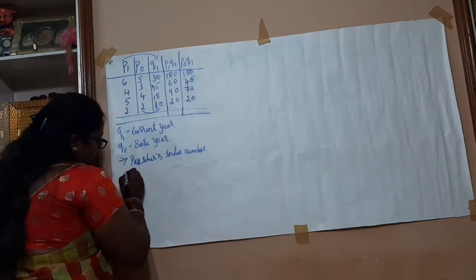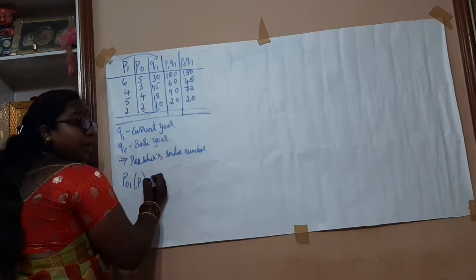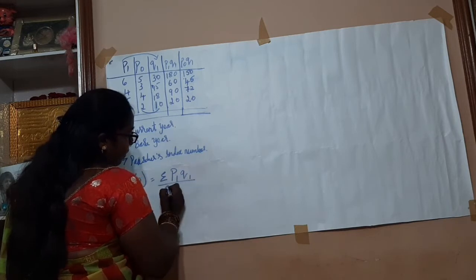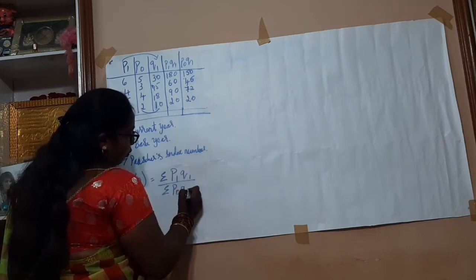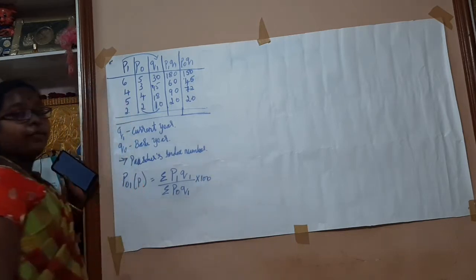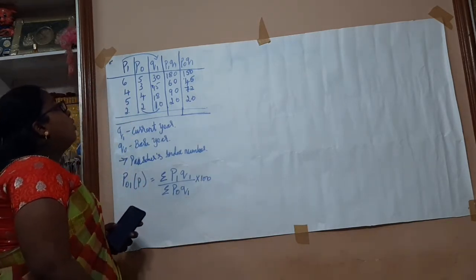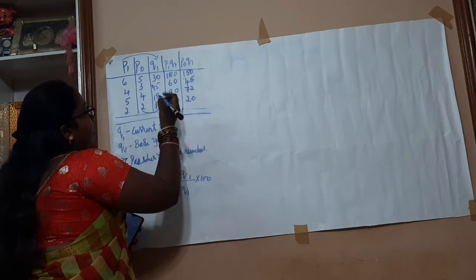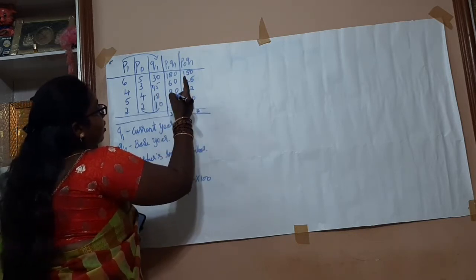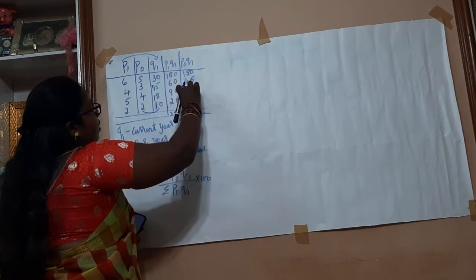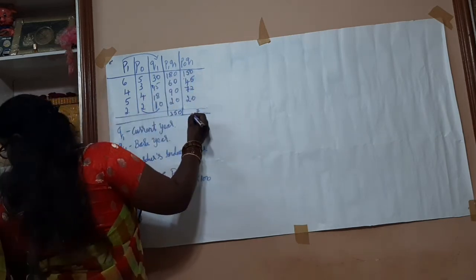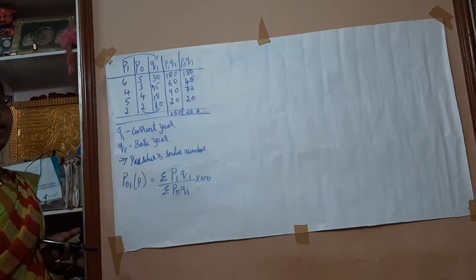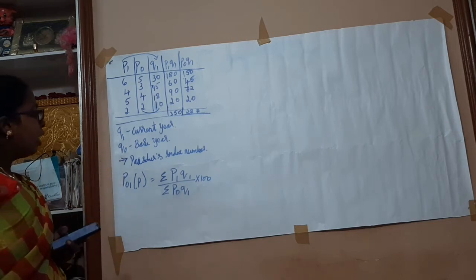Now Paasche's, that is P01 of P, is equal to sigma P1 Q1 divided by sigma P0 Q1 into 100. So this is the formula we will be using for Paasche's. So we will total it here: you will get 350 and 287.